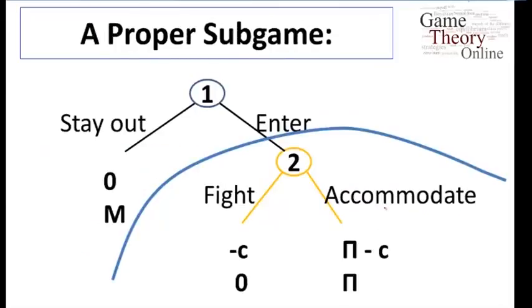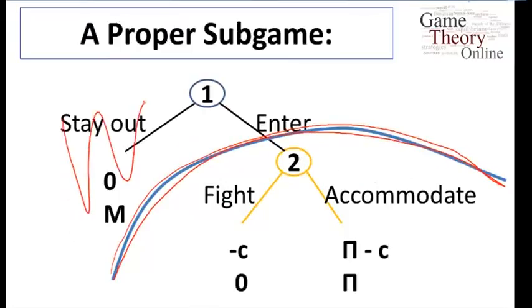So if we look back at our example of the entry game, we could start at the node where player 2 is making a decision of fight and accommodate, and if we cut the game off at that point, so we chop the game here, then what remains down here, ignoring the first choice of the first player, is a proper subgame. This looks like a game in its entirety.